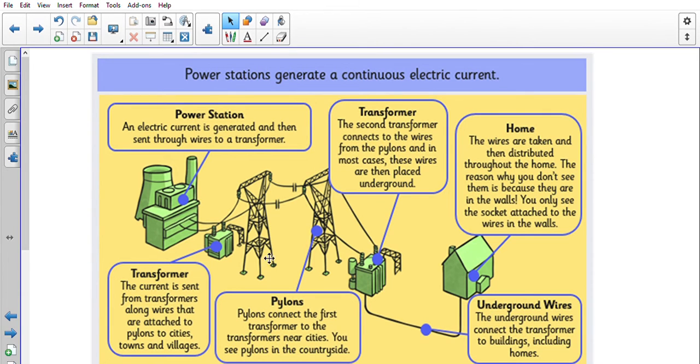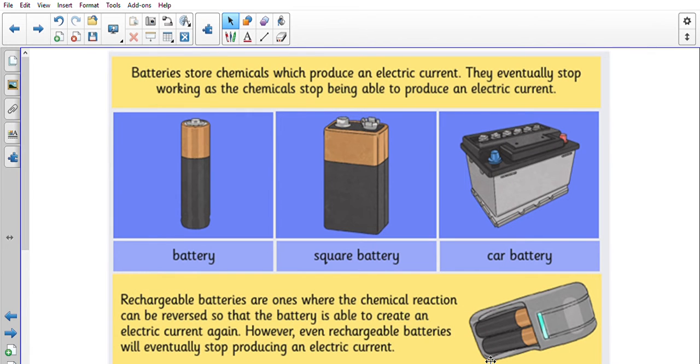You will have seen these pylons before, so here it's telling us they transform the electricity to cities, and you often see them in the countryside. Now in your homes the wires are then taken and distributed, and the reason why you don't see them is because they are in the walls. You only see the socket. There are underground wires which connect the transformers to the buildings, including homes.